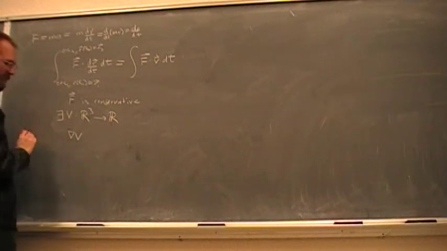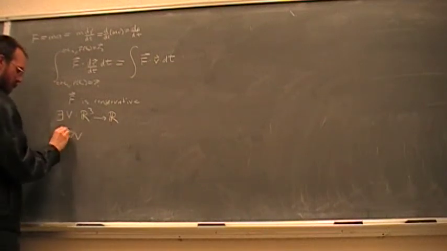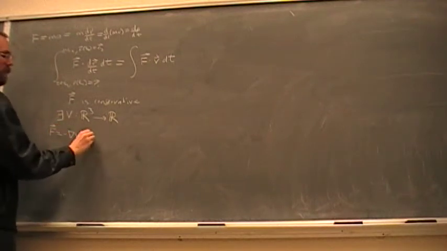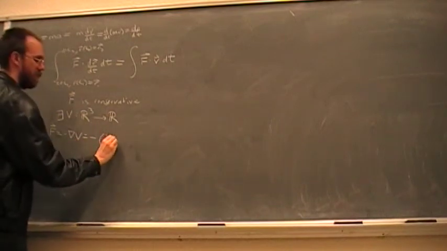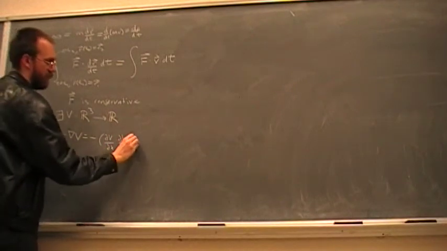such that the gradient of the scalar field is just the force. Remember, what's this guy? It's a vector whose components are going to be the partials of V in each of the three directions.